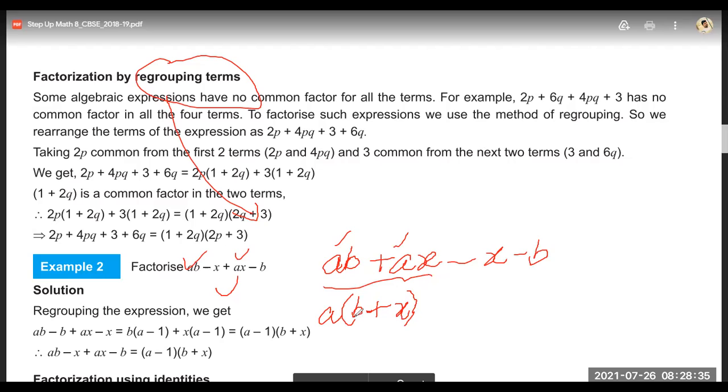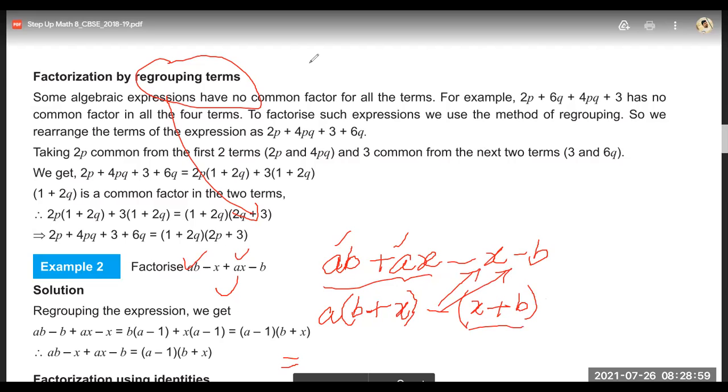Now we are left with b and x. Then here x and b, the same terms we have here. So minus I'm writing outside. Inside it will be x plus b, because if you multiply it back, minus into x is minus x, you'll get this. And then minus into plus b is minus b, you'll get this. So writing this way is correct.